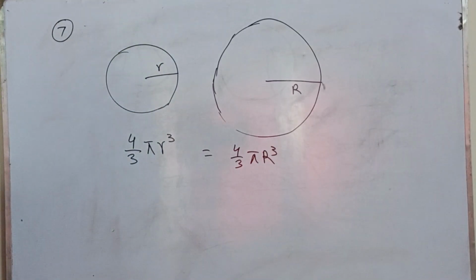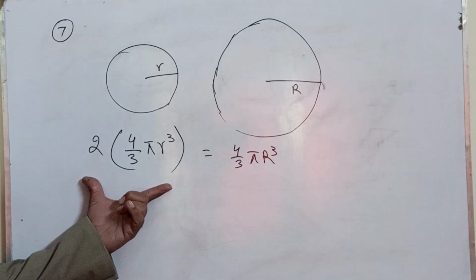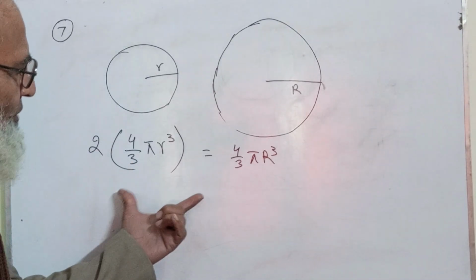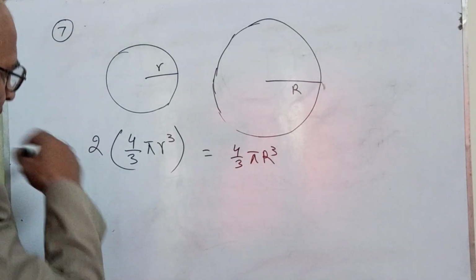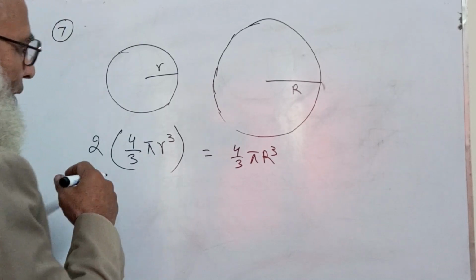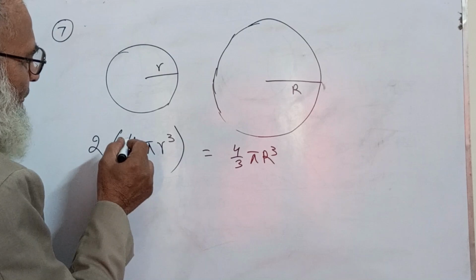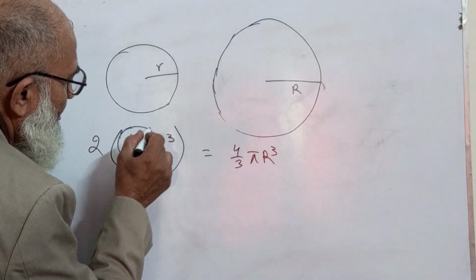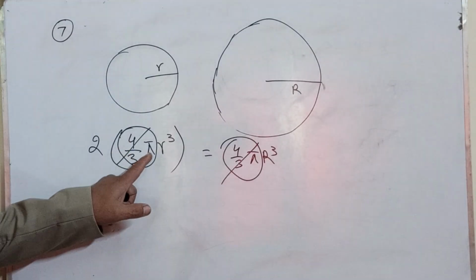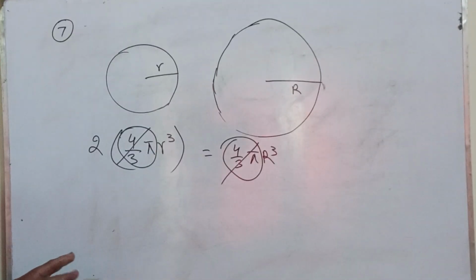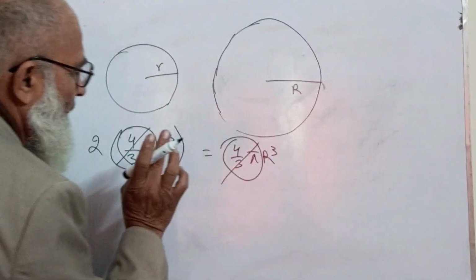But as per the condition, if I double this, then this will be equal to this. Now you see, everything will cancel from here. 4 by 3 pi on both sides cancels.